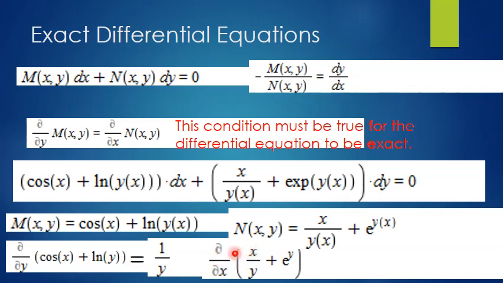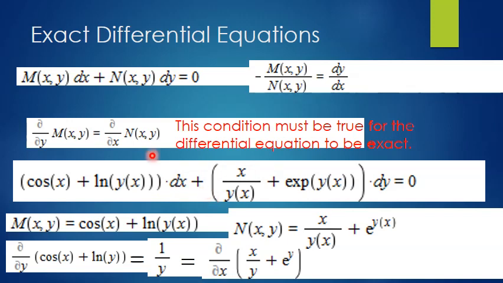And then I have the partial derivative of x with respect to x, which is just 1. Again, here, there's no x, so that's going to be 0. So this is equal to 1 over y also. So now this condition is true, and so this differential equation is an exact differential equation, and I can apply the exact solution method.